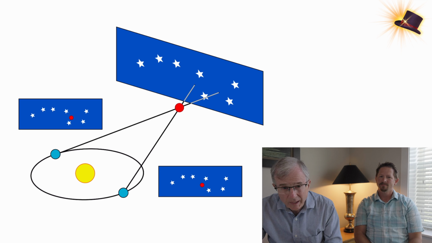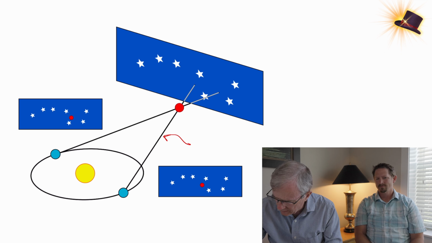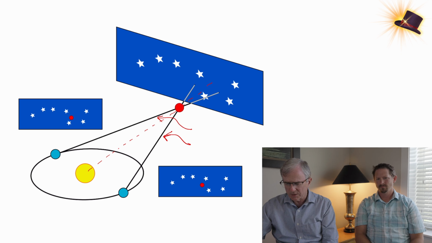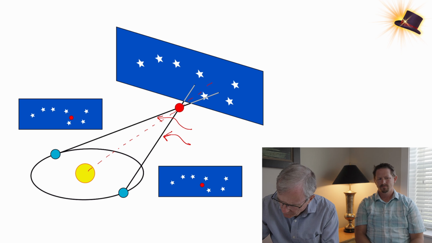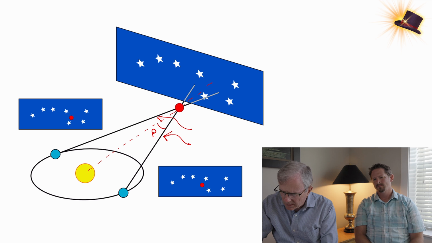It's half the angle between these two lines of sight, this one and this one. So if we draw a dotted line from the Sun toward that nearby star, then the parallax, P, is half the angle.